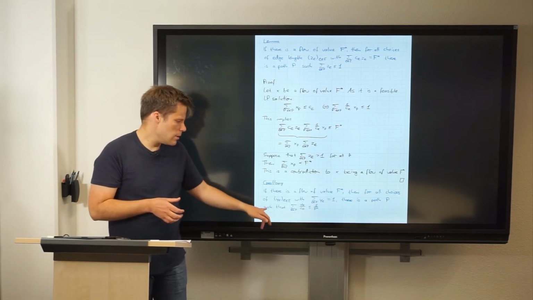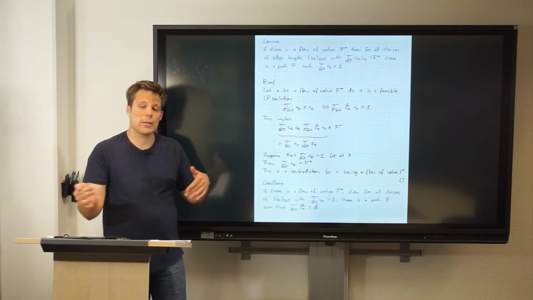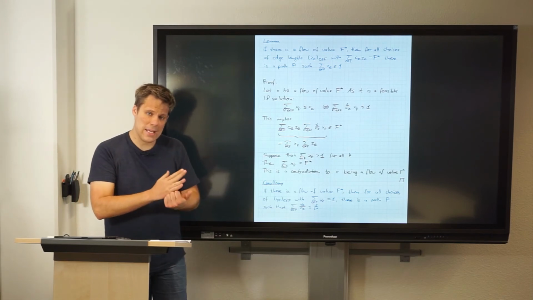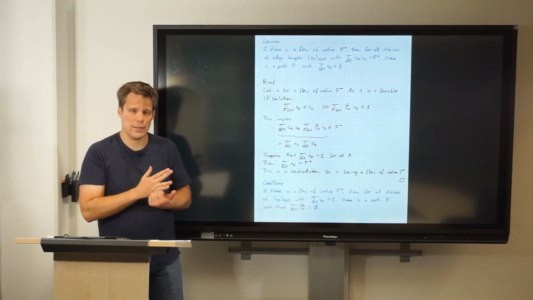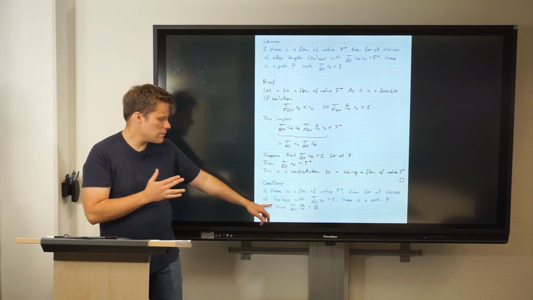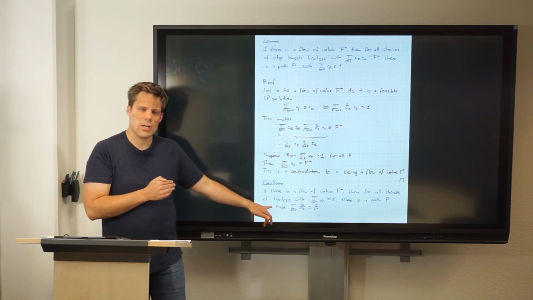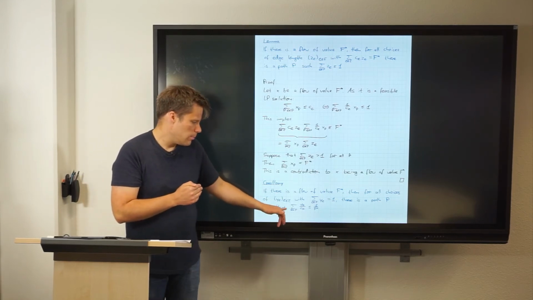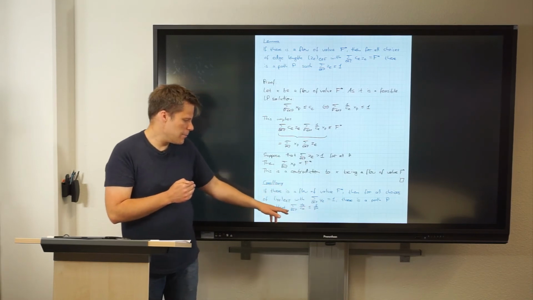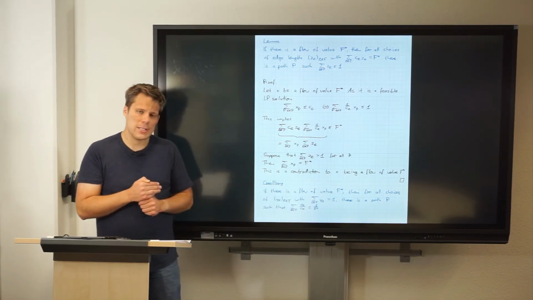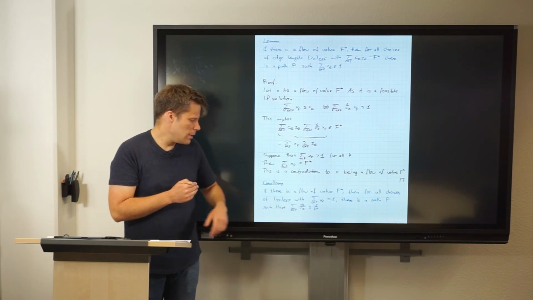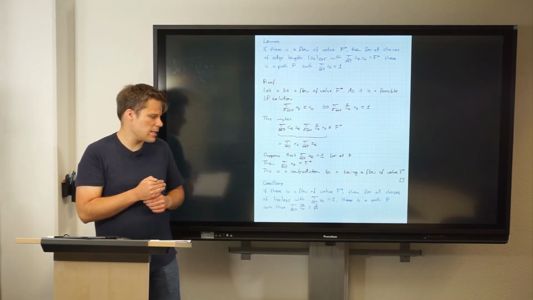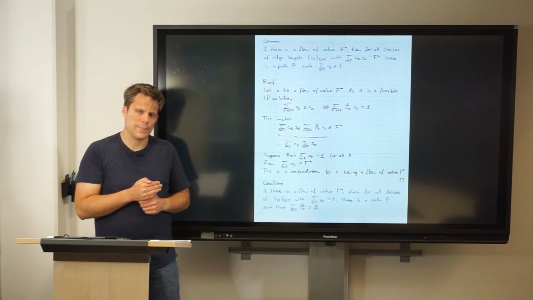And we'll then see, okay, conditional on the fact that there is a flow of value F star, all we now have to do is choose one path for which we know that it exists, where the sum of the YE divided by CE is at most 1 over F star.